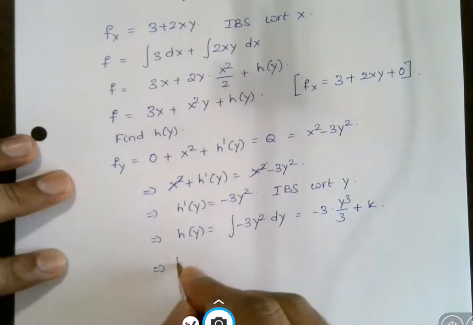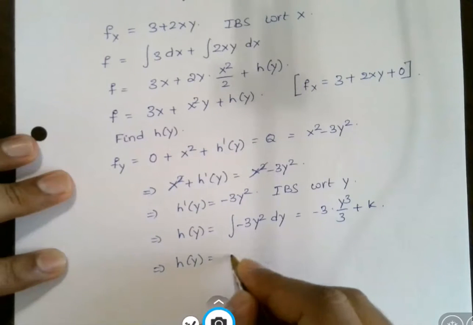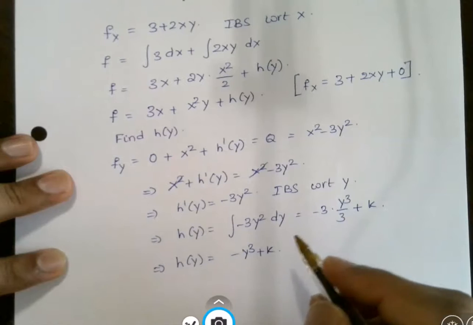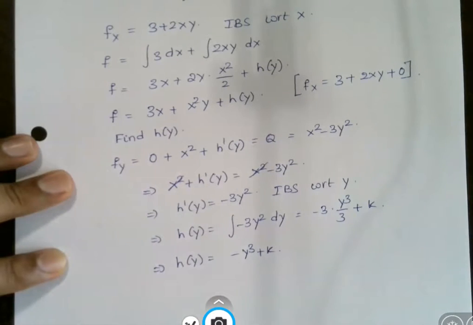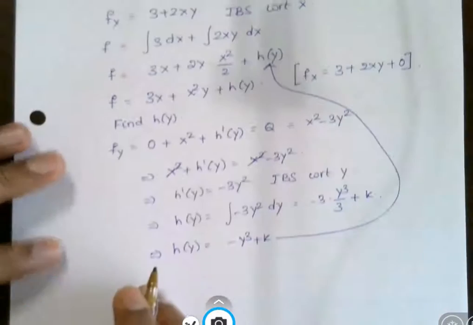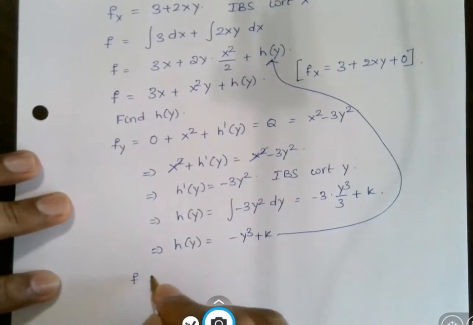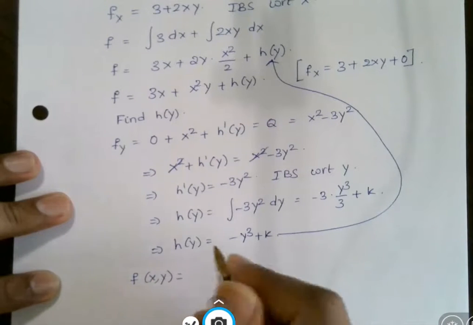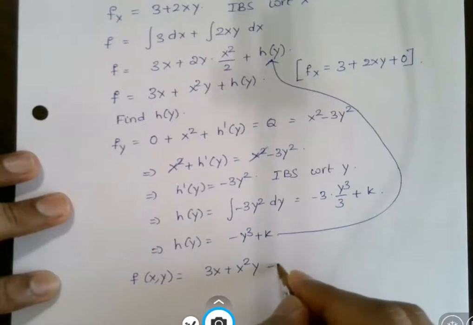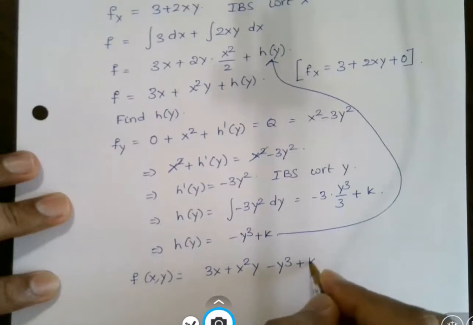So h of y is going to be negative y cubed plus k, right? So I want to substitute that, where is my h? I'm going to substitute that here. So when I substitute that in there, you get f of xy is going to be 3x plus x squared y minus y cubed plus k.